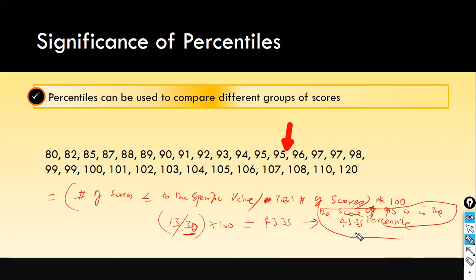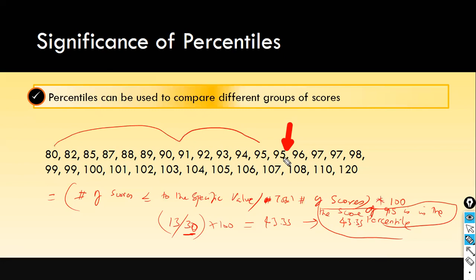It means that 43.3 percent of the scores in this data set are less than or equal to 95. We can say it that way.